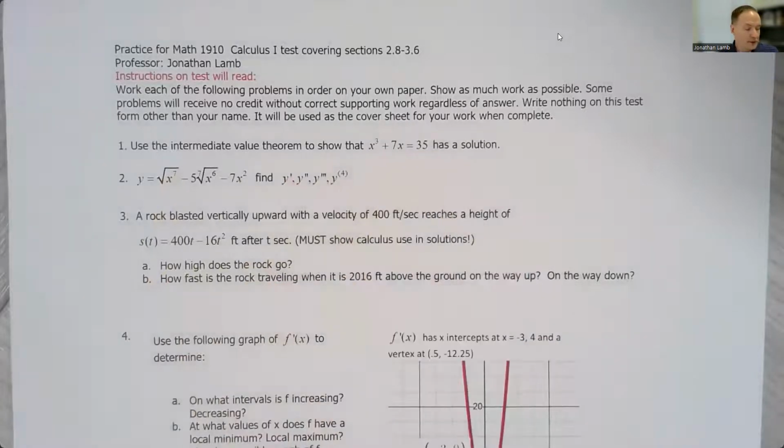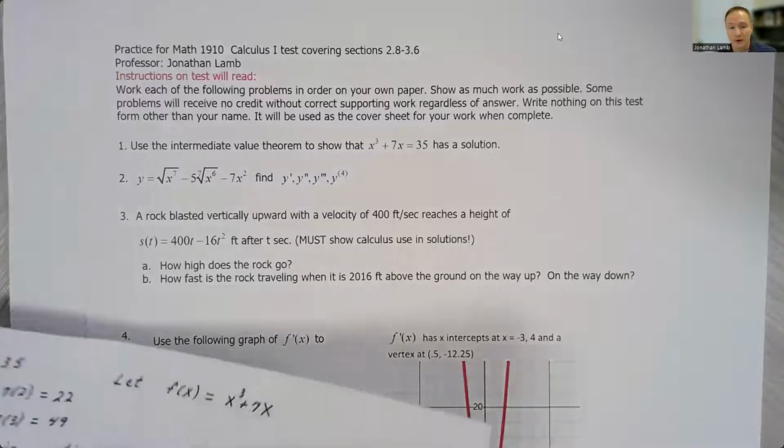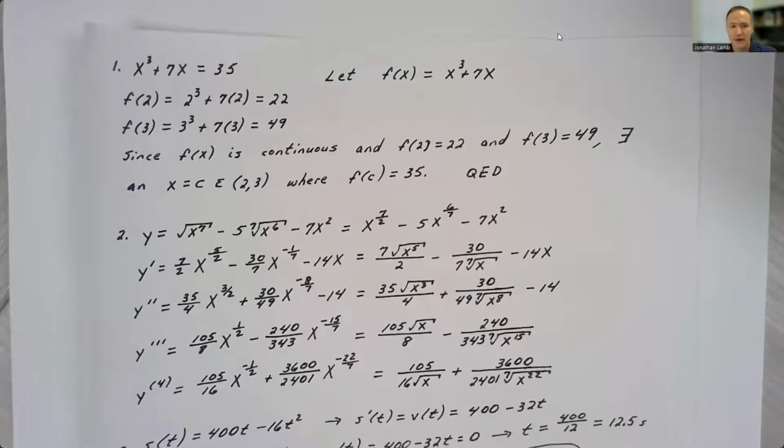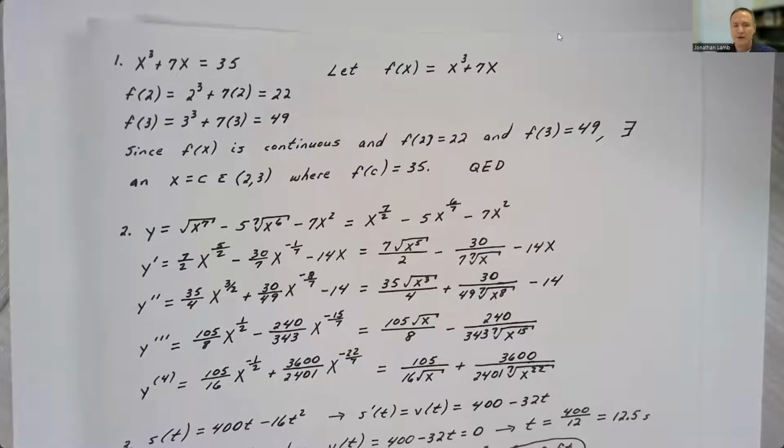So what the intermediate value theorem is going to enable us to do, if we know that a function is continuous, and of course we know all polynomial functions are continuous, then all that we have to do is evaluate it at an x value that is less than 35, and then evaluate it at an x value that is greater than 35, then you're guaranteed that there is an x value in between the two that you found where the y value will be precisely 35.